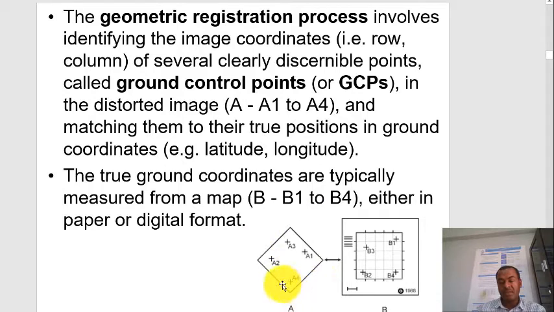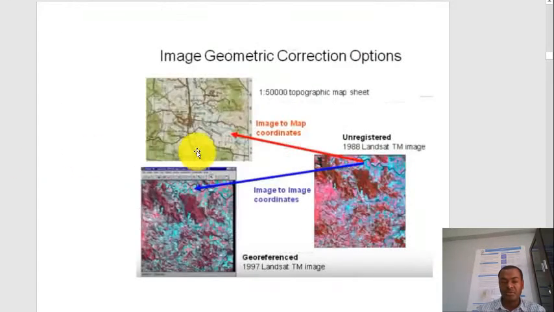Okay, this is the image that you are going to collect and correct, and this is the image that you are collecting ground control points. Relating ground control points from the correct map to the uncorrected map is called the geometric registration process.